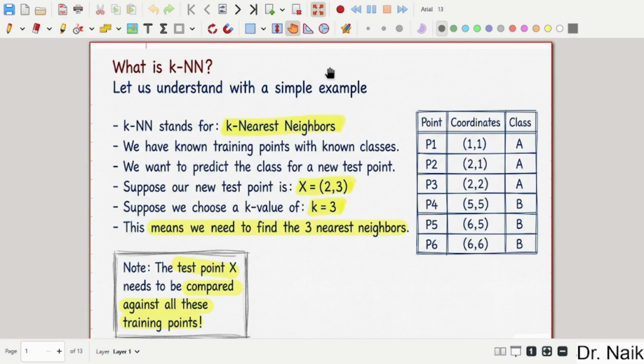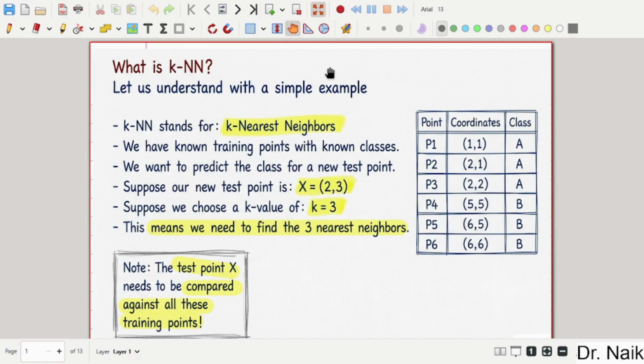For example, imagine you move into a new neighborhood and you want to know whether the neighborhood is mainly a student area or family area. You might look at the people or houses closest to you. If most of your nearby neighbors are students, you may conclude that your area is probably a student area.